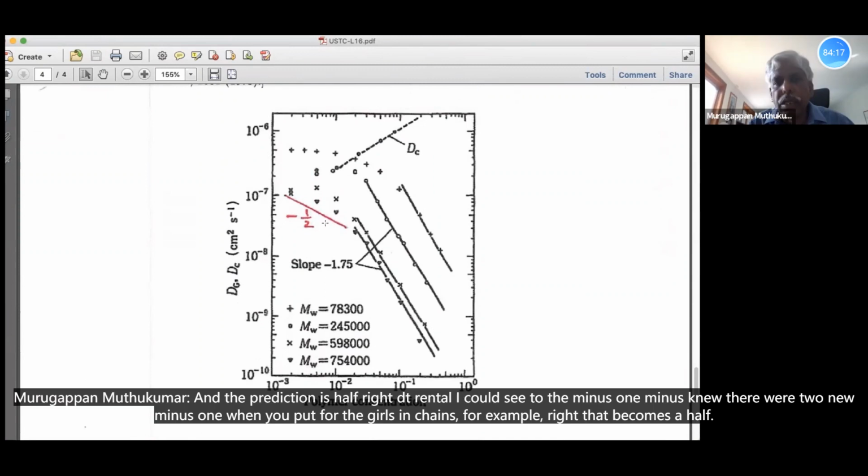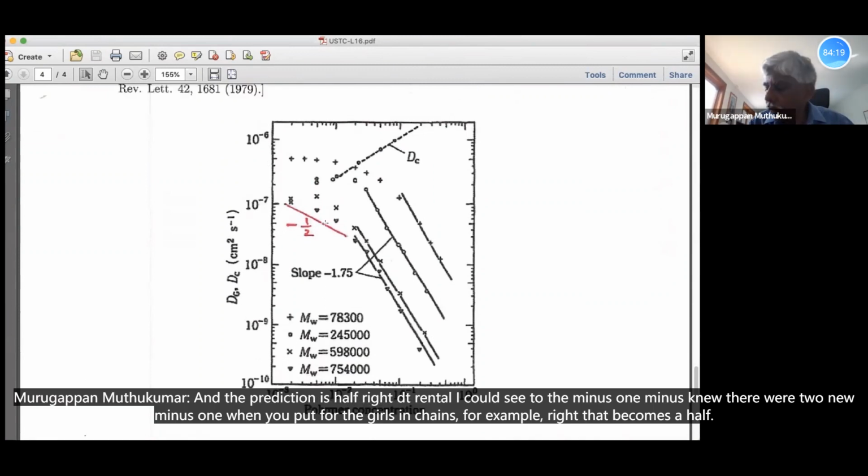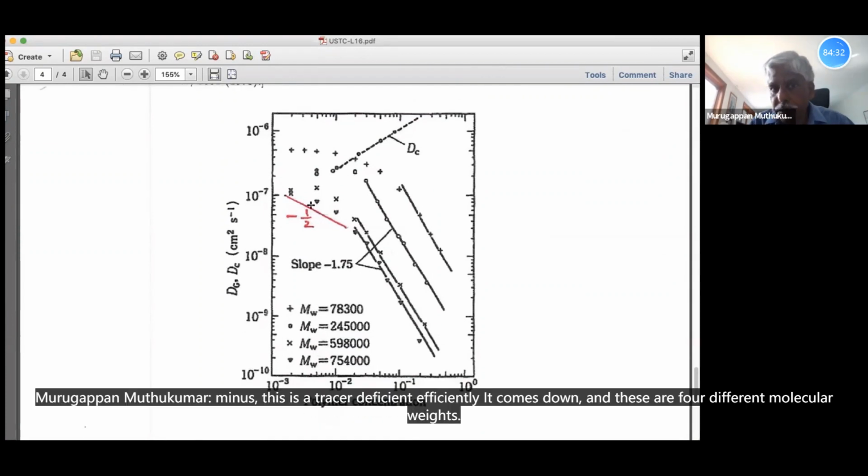And the prediction is half, right? DT went like C to the minus (1 minus nu) divided by (3 nu minus 1). When you put in Gaussian chains, for example, that becomes minus half. So this is a tracer diffusion coefficient. It comes down, and these are for different molecular weights.